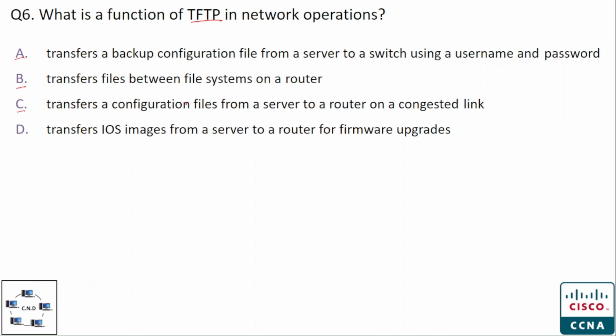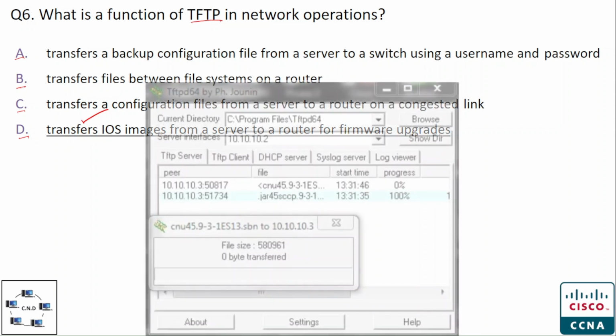Option C, transfers a configuration file from a server to a router on a congested link. And option D, transfers IOS images from a server to a router for firmware upgrades. And the correct option is option D, transfers IOS images from a server to a router for firmware upgrades.